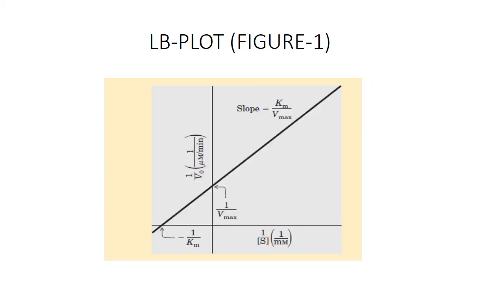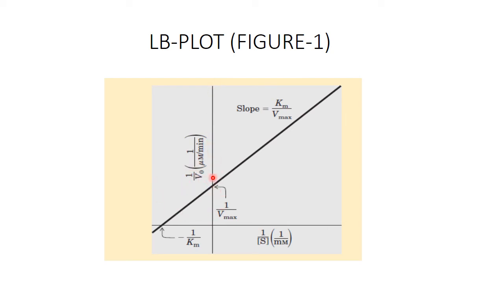This is the figure. If you can recall the lecture on the Michaelis-Menten equation, there we had substrate concentration on the x-axis, and the initial velocity on the y-axis.